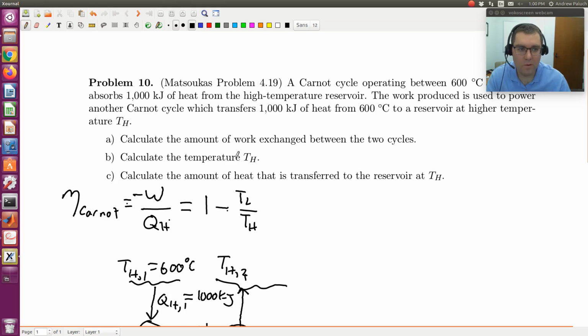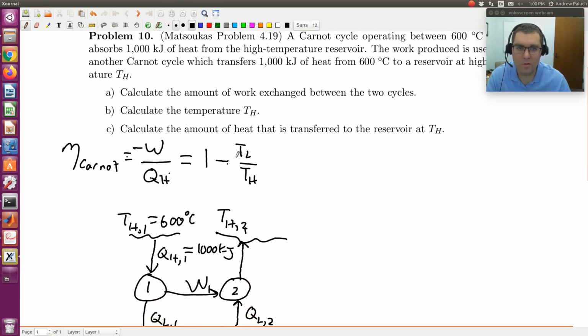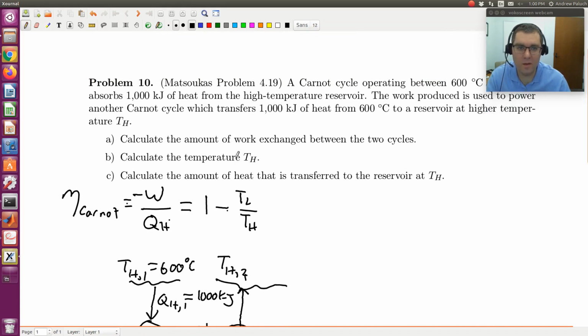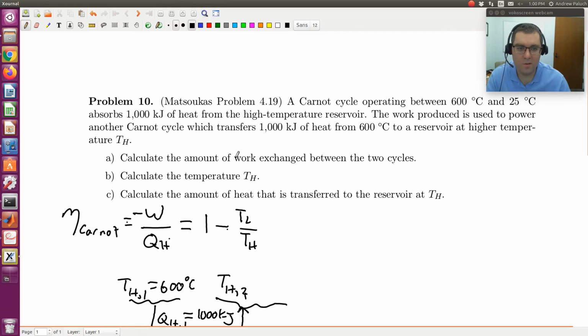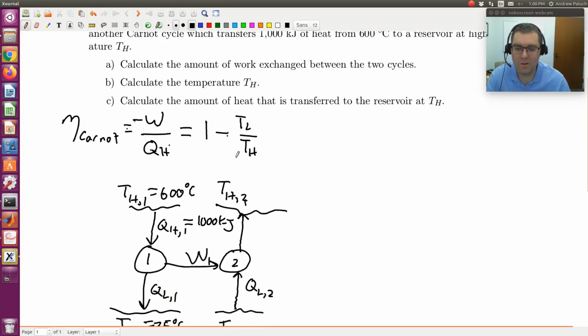Then the work produced is used to power the second Carnot cycle, which transfers 1,000 kilojoules of heat from 600 degrees C to a reservoir at a higher temperature TH.